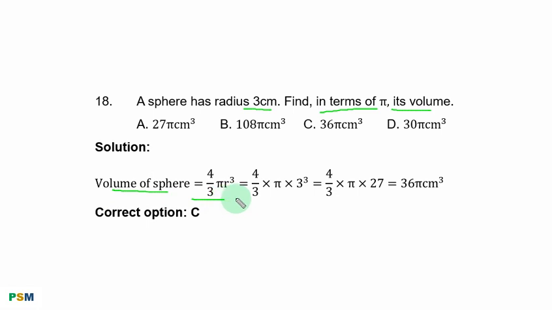So you replace the radius with 3 to the power of 3. You have it in this form. 27 divided by 3 is 9, times 4. You have 36 pi cubic centimeters. The correct option is C.